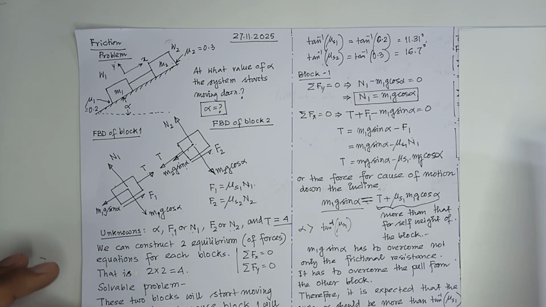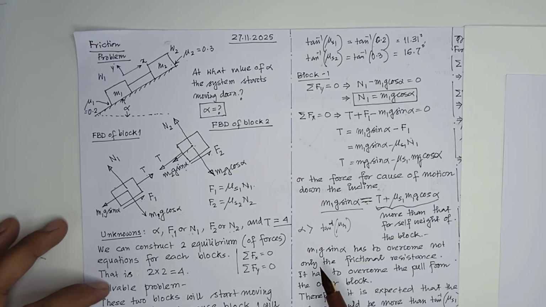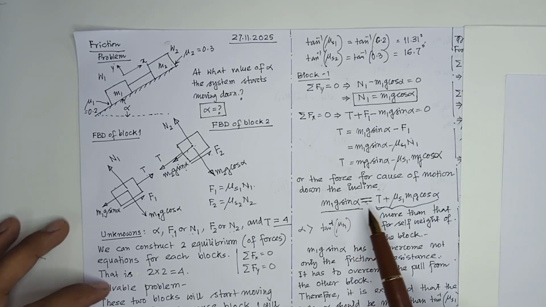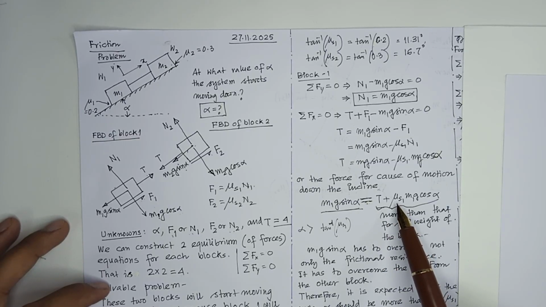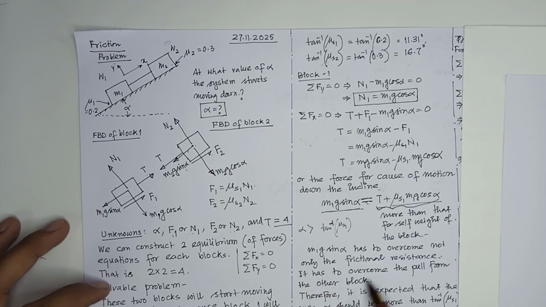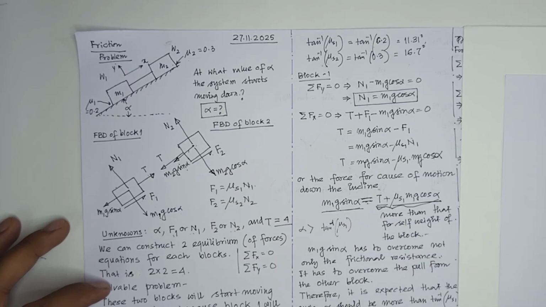Okay. So let us try to see. Therefore, m1g sin alpha has to overcome not only the frictional resistance, it has to overcome the pull from the other block, that is T. So m1g sin alpha now needs to overcome not only this part, it has to overcome this part also.